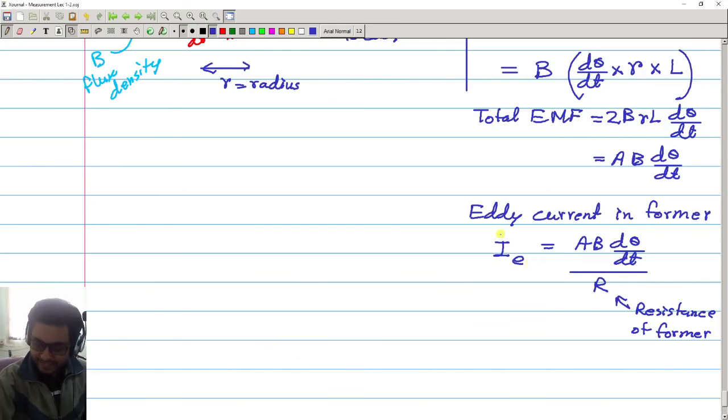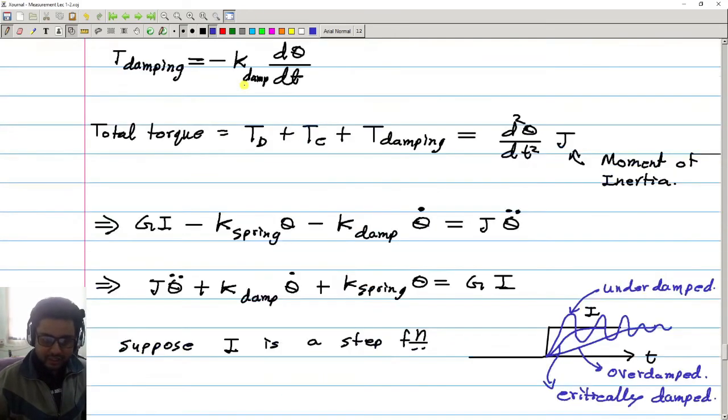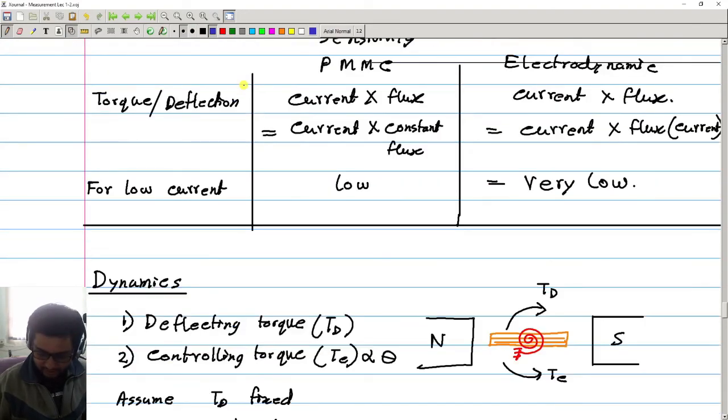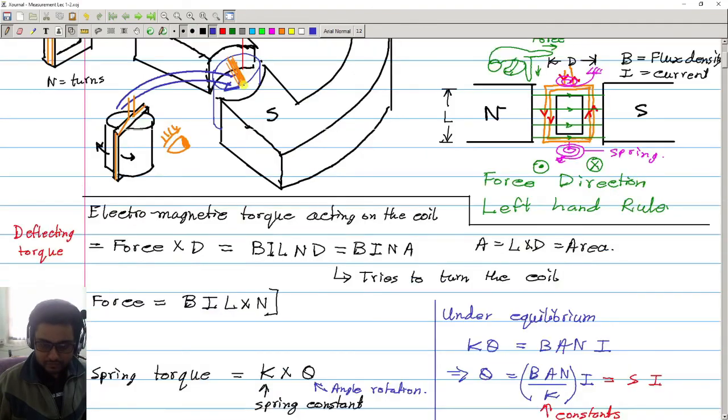Now this eddy current is again flowing circularly like the coil current, and therefore it will again create a torque. How much will that torque be? We already know that when current I flows through this coil, the torque is given by BANI.